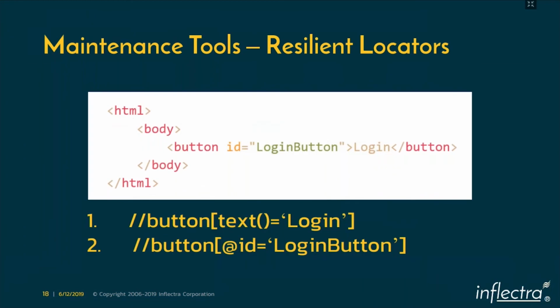Okay, the next big feature of UI test automation tools is maintenance features. Maintenance features help keep tests in good shape. They help to fight flaky tests that sometimes pass and sometimes fail, and help to adapt to application changes.